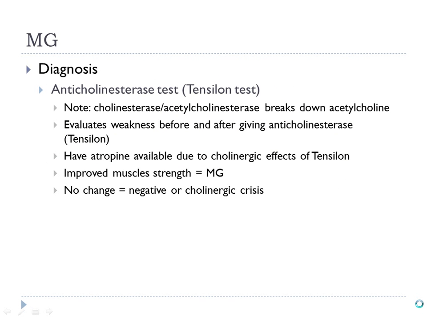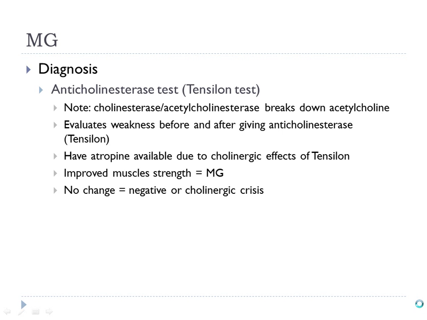One way that we diagnose this is with a Tensilon test. Tensilon is kind of like the brand name for an anticholinesterase. First remember that acetylcholinesterase breaks down acetylcholine, and we need acetylcholine to have muscle working at the nerve site.